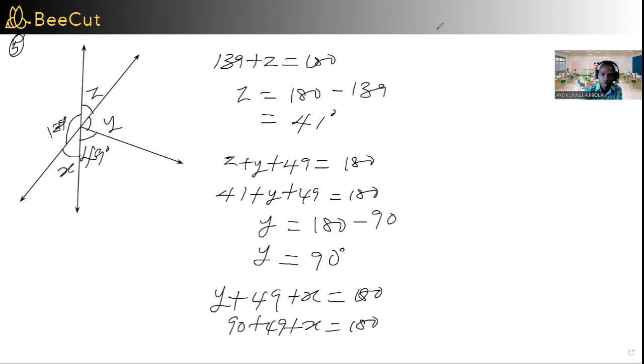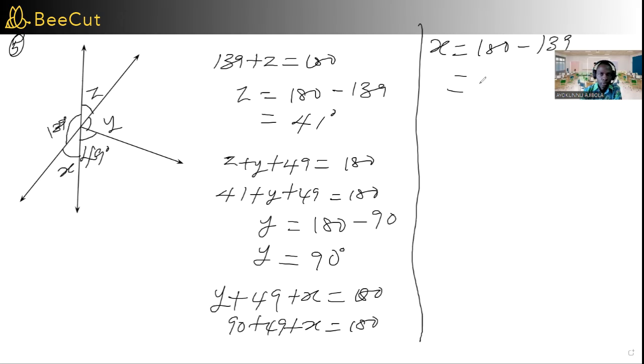Then X is 180 minus the addition of 90 and 49, that is 139. So 180 minus 139 is 41 degrees.